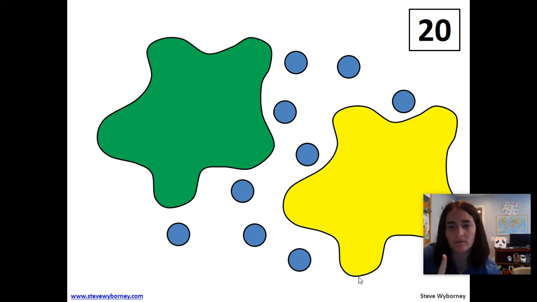There doesn't have to be one right answer here. There could be multiple answers, just as long as your answers are different numbers, because the green splat cannot be the same as the yellow splat. Give yourself some think time, and then I'll share maybe some of my thinking. Try and share some thinking with those around you.